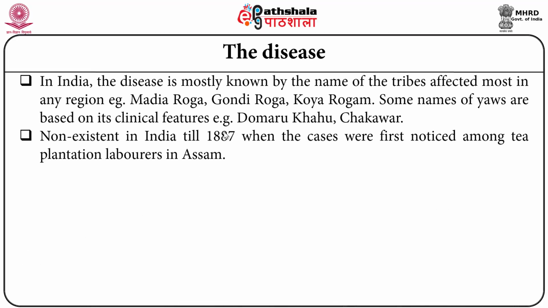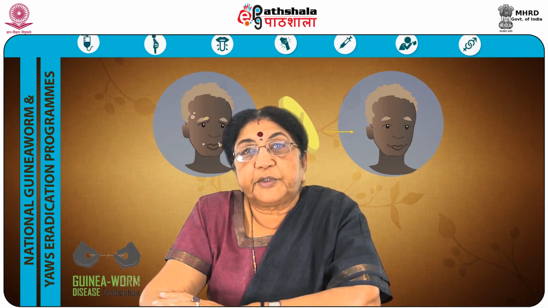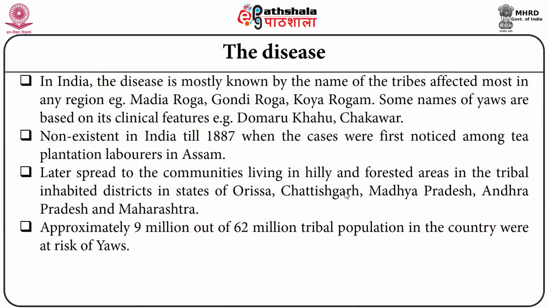In India, the disease is known by different names depending on the places where it is found. It's known as Madhya Roga or the Gondi Roga, Koya Rogam. Some of these names are based on its clinical features, and it is mostly found in the northeast, spreading to Madhya Pradesh, Andhra Pradesh, and Maharashtra.